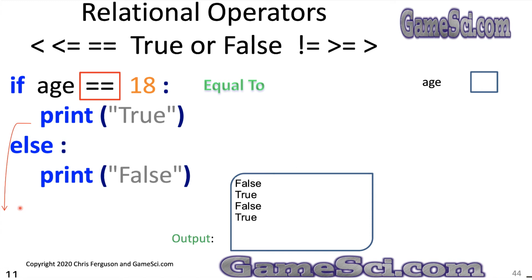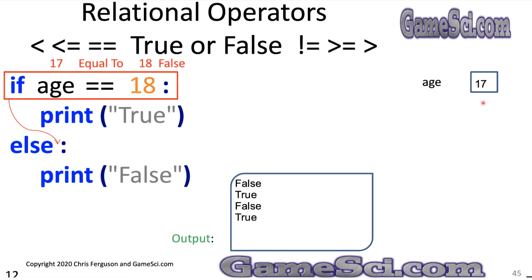Now let's look at the equal to operator. It sometimes confuses beginners. This is two equal signs next to each other. That is very different than one equal sign. One equal sign says assign the value 18 to the age variable. Two equal signs means compare age and the value 18. This is a comparison or relational operator. It will compare what's in the variable to 18. Let's update the age variable with the value 17.